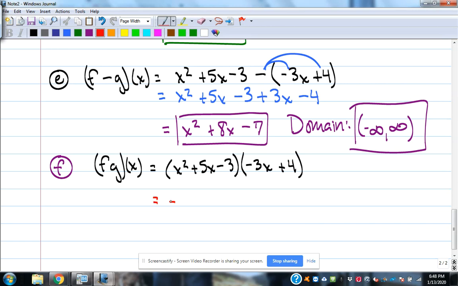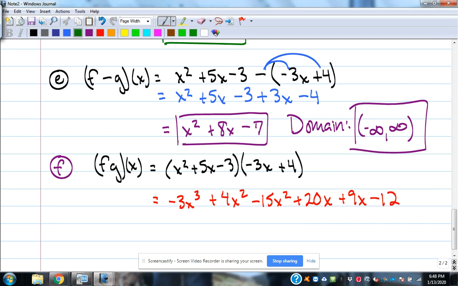So that's going to be negative 3x cubed plus 4x squared. Then I'm going to distribute 5x to both of those. So that'd be negative 15x squared plus 20x. Then I'm going to distribute the negative 3 to both of those things. So that'd be positive 9x minus 12.